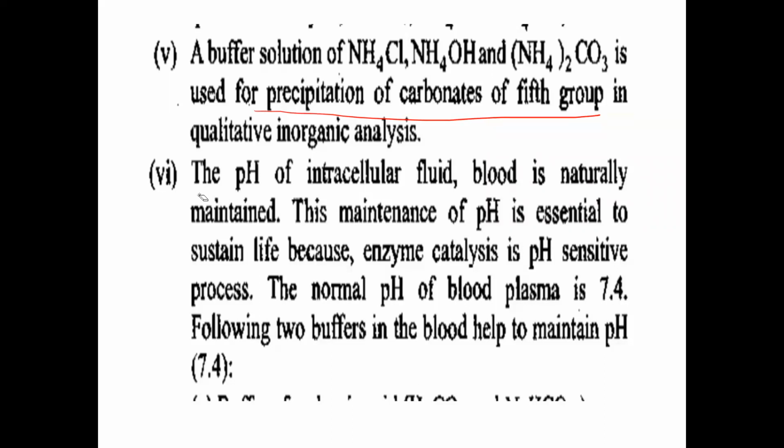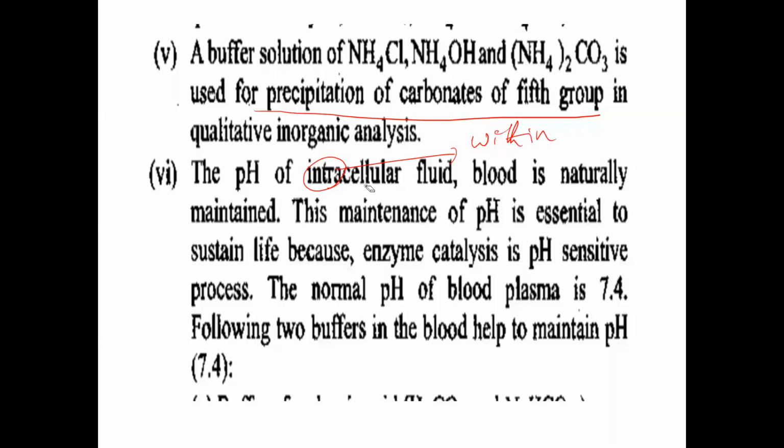Next usage, next utility is the pH of intracellular fluid. Intra means what? Within. So within the cells, within the human cells, within the plant cells. Intracellular fluid means the fluid which is present inside the cells.